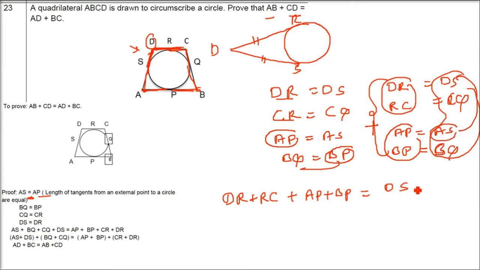Now you can combine DS and AS. You don't write DS plus CQ, you write DS plus AS. I'm just connecting the dots so that we get the proper answer. Now CQ and BQ will become BC.